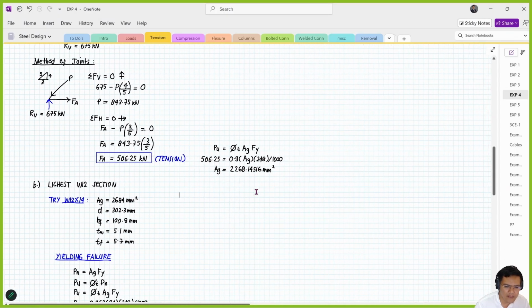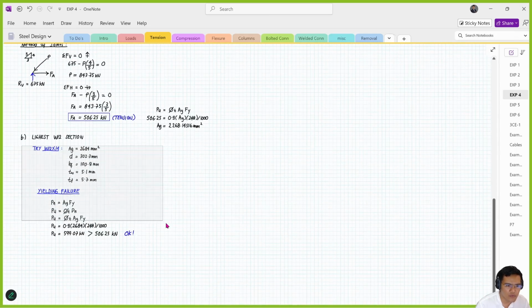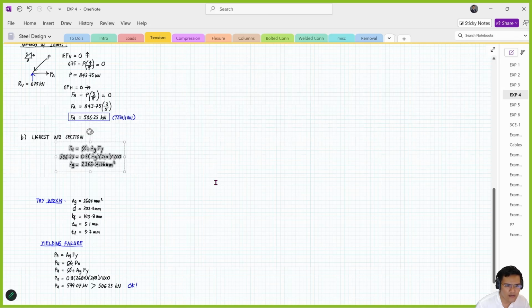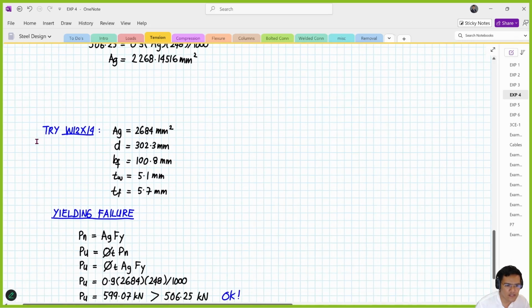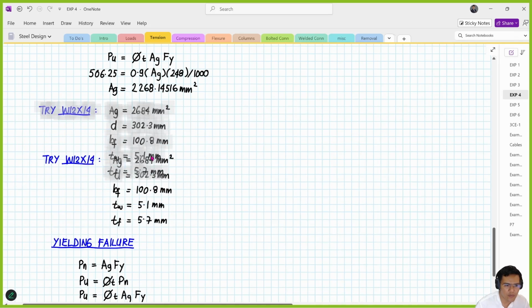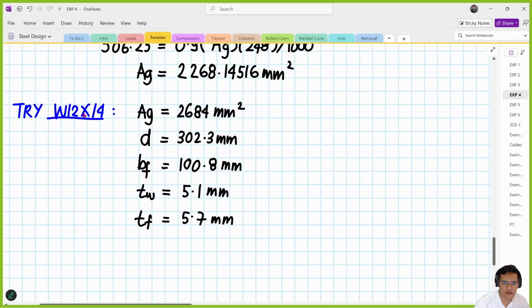Yun pala yung advantages nung strategy na ganun: una, i-check mo muna yung area required to resist itong load na yan, okay? And then, from that, look at the database and check mo yung mga area. So, in this case, try mo yung W12, kasi nga mas mataas to. This is greater than this area.